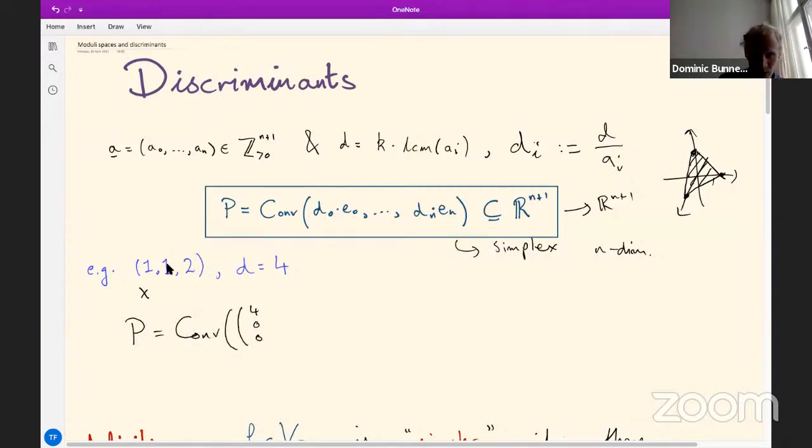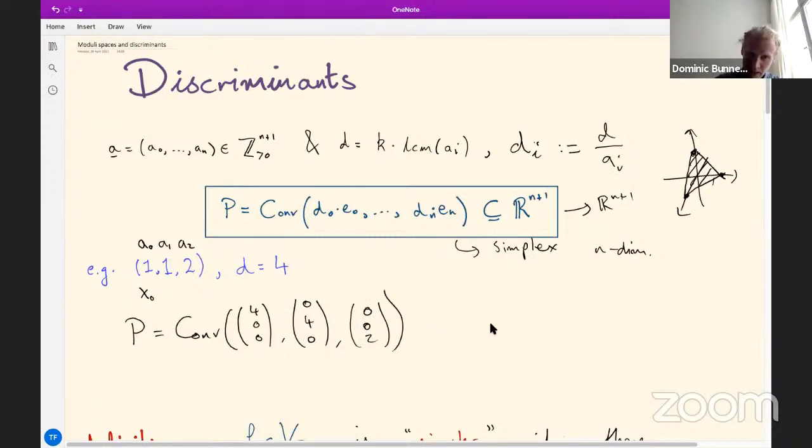So that's D0, and this is x0. This is A0, A1, A2. So D0 is equal to 4 divided by 1, so 4. Same deal with A1, D1. But then the last one is divided by 2. And so what this looks like is a simplex, but it's a bit fat and squished.